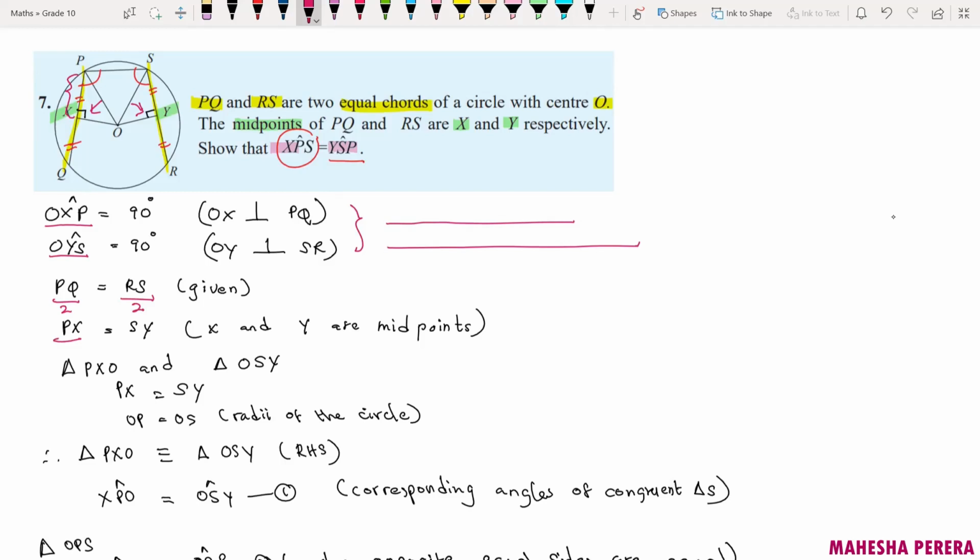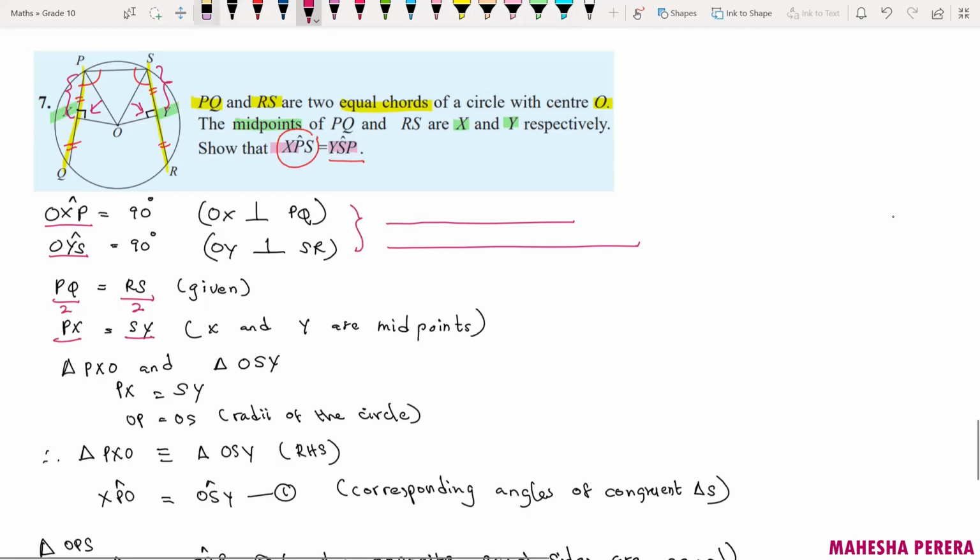And SY is actually half of chord RS, so they are also equal. For that reason I wrote X and Y are midpoints, and actually PQ and SR are equal.